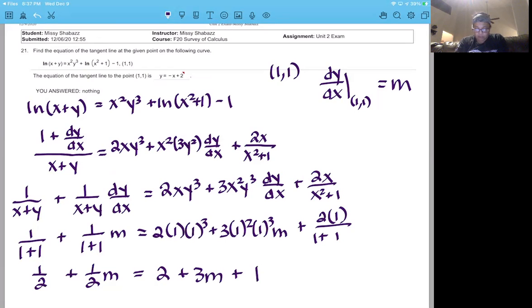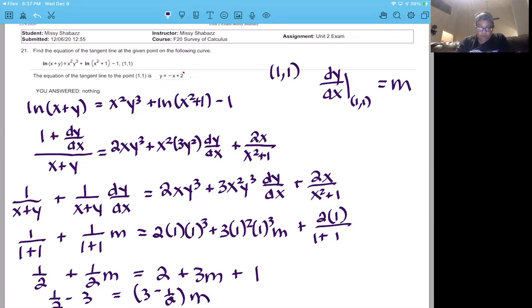All right, so let's see here. On the right side, I have 3 plus 3m, it looks like. Yeah. So let's put 1/2 minus 3 equals 3m minus 1/2 m.